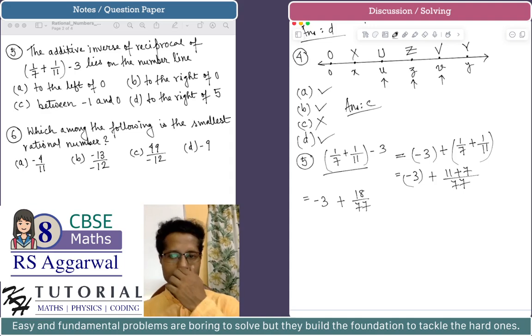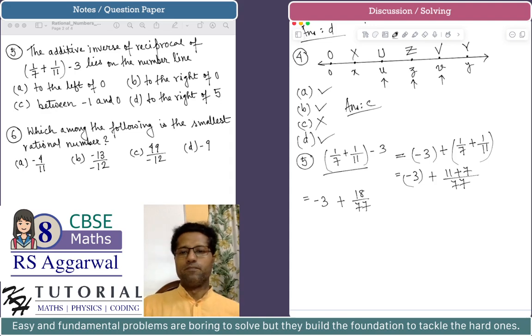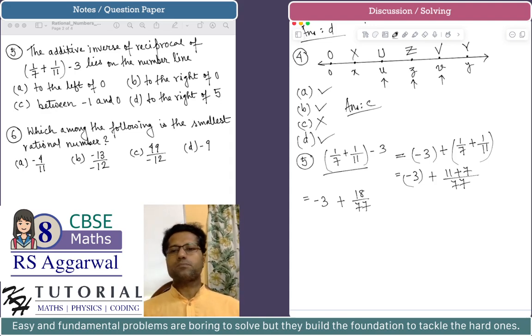Now 18 by 77 is less than 1. So definitely the whole value will be greater than minus 3 but less than minus 2.